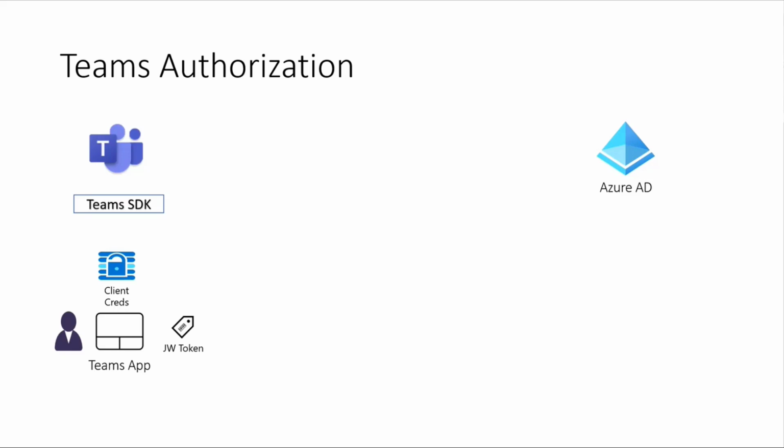But in either case, my application on its secure backend will have a client credential that it will go ahead and use when it makes this on behalf of call to Azure AD.